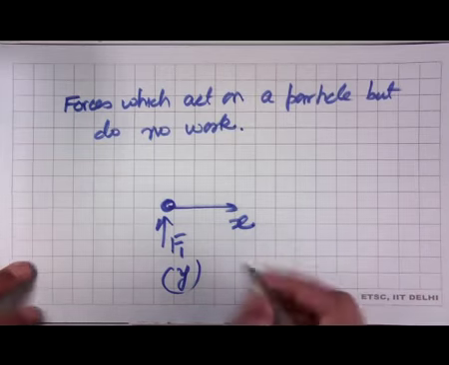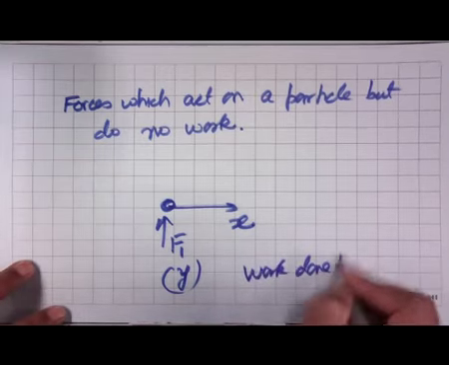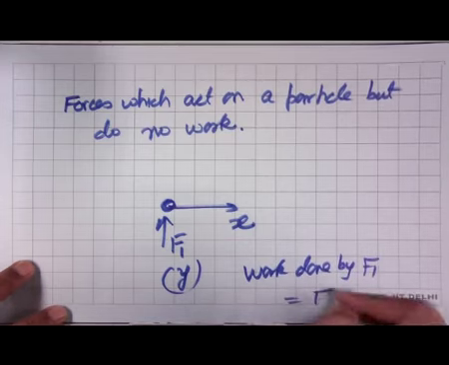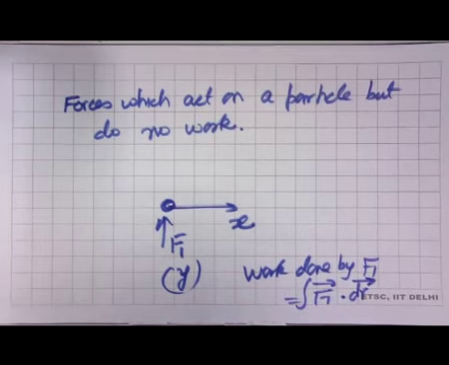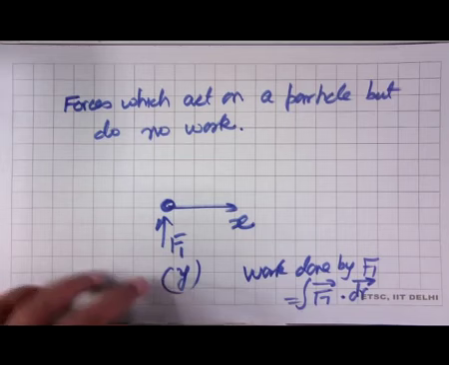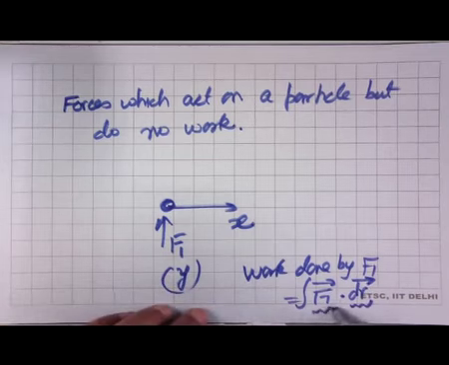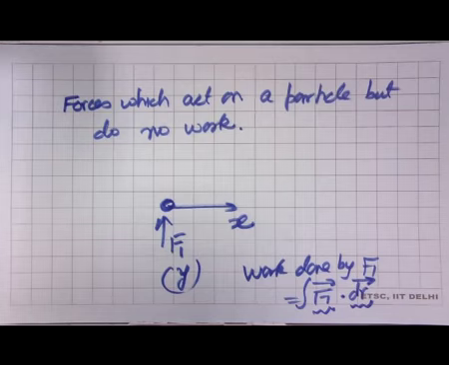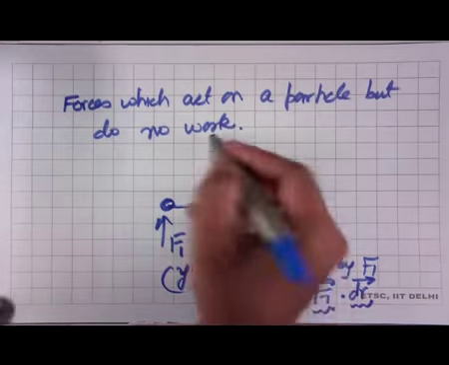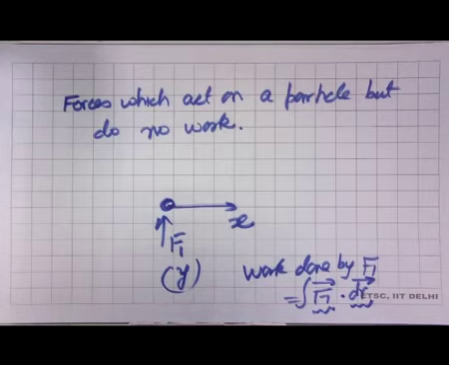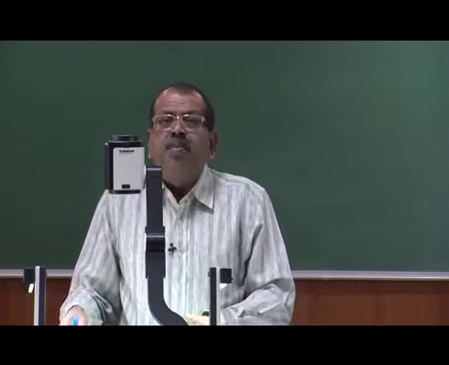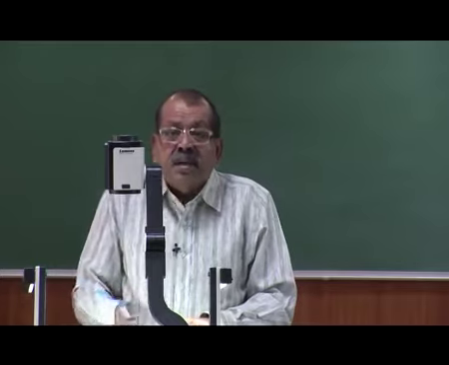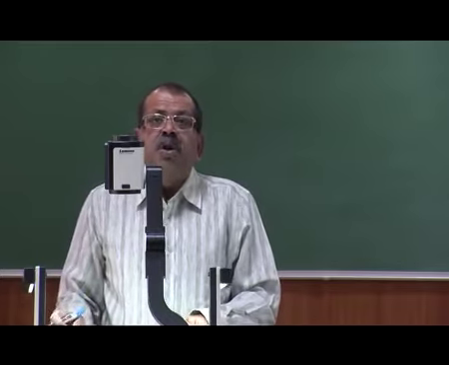The work done by F1 will be the integral of F1 vector dotted with dr, and because dr is in the i direction and F1 is in the j direction, F dot dr will be equal to 0. That is what we say, that certain forces do not do any work, and therefore, when we use the work energy theorem, such forces will not be accounted for, and if they are unknown forces, we do not have to bother about them.